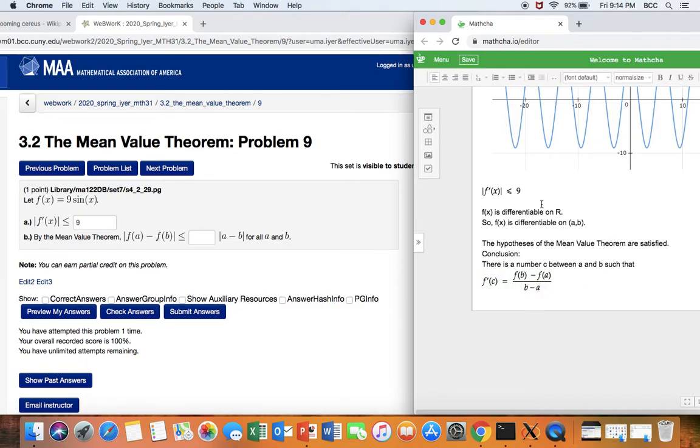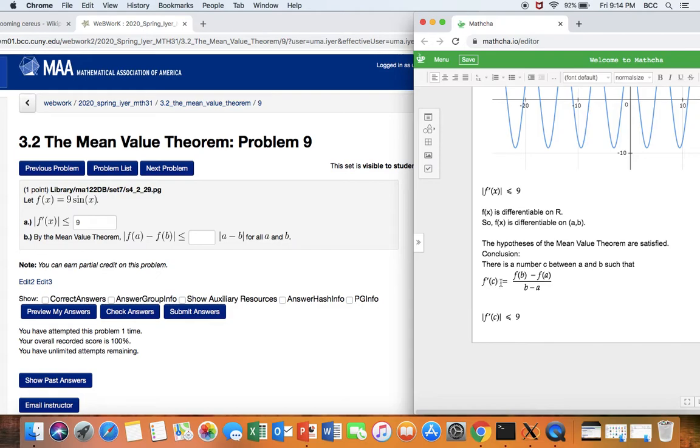But what do we know about the derivative? The derivative is bounded by 9. You understand? So what happens here then? It tells me the absolute value of f prime at c is less than or equal to 9.